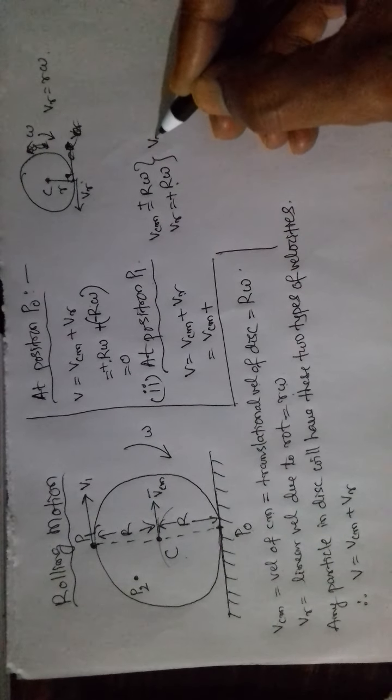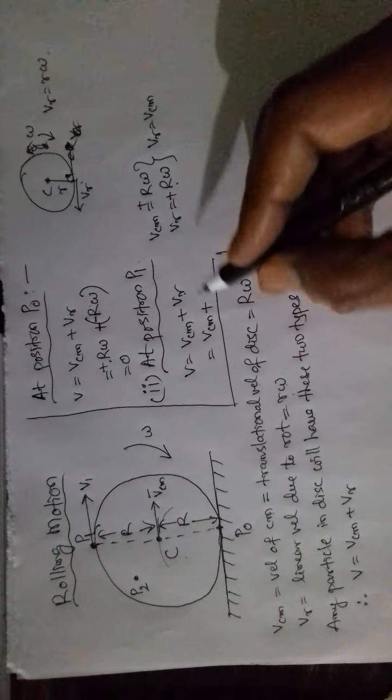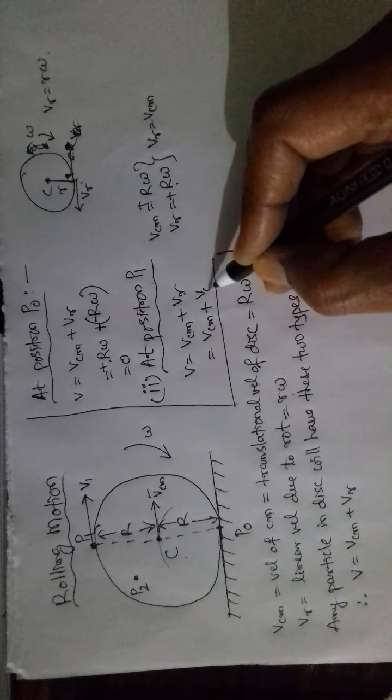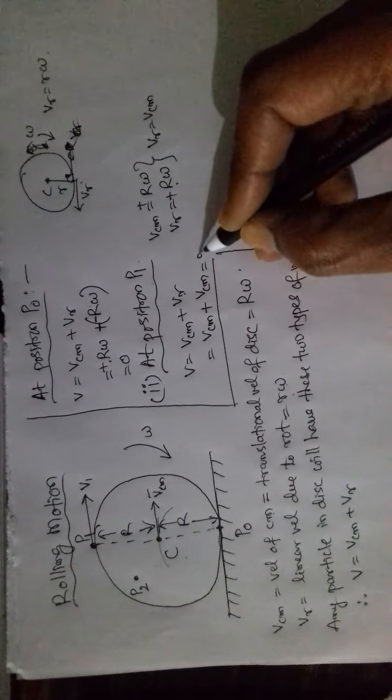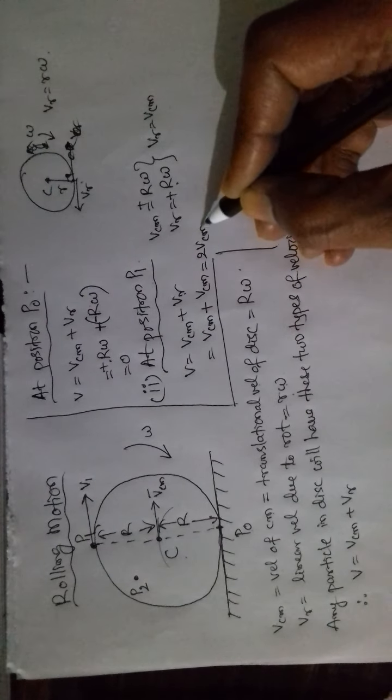Therefore VR is equal to VCM. So in place of VR you also write VCM, so that you get 2 VCM. So at position P1 the velocity of the particle is 2 VCM.